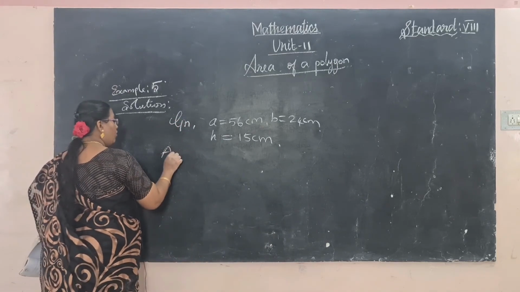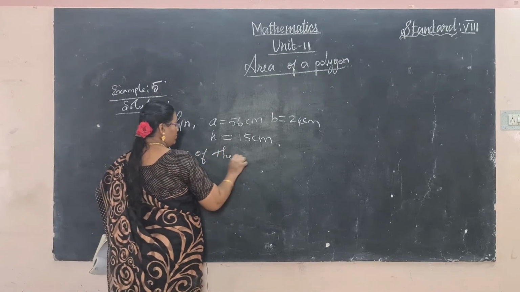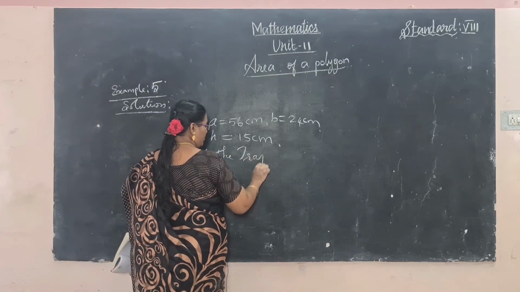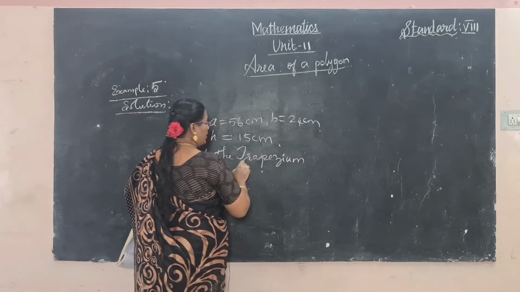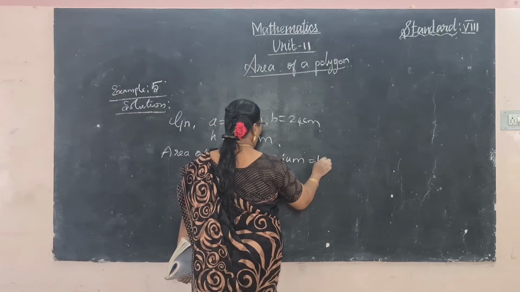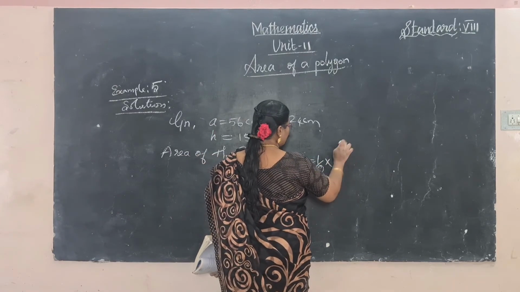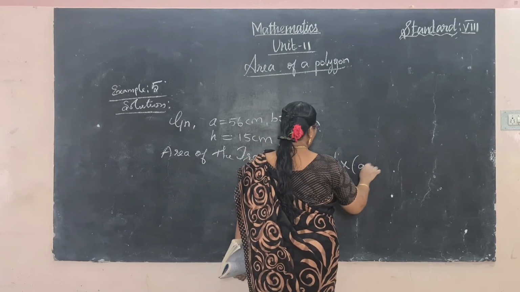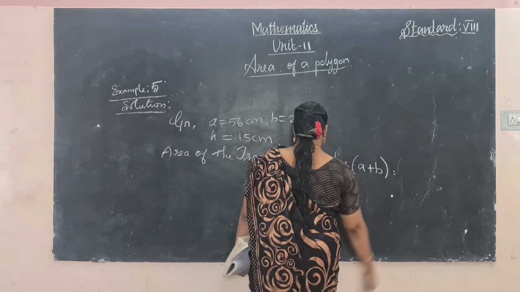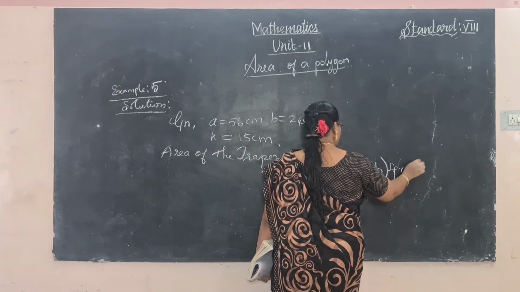Now write the formula. Area of the trapezium is equal to half into height into the sum of the parallel sides, square units.